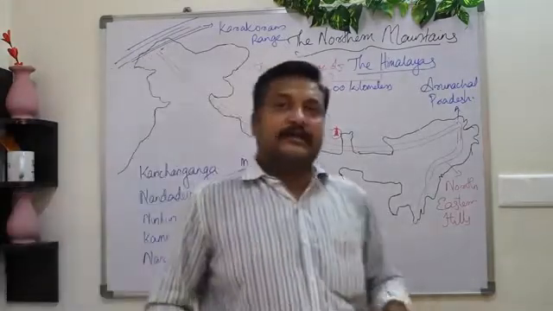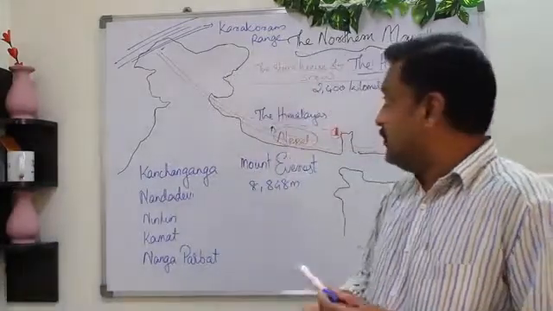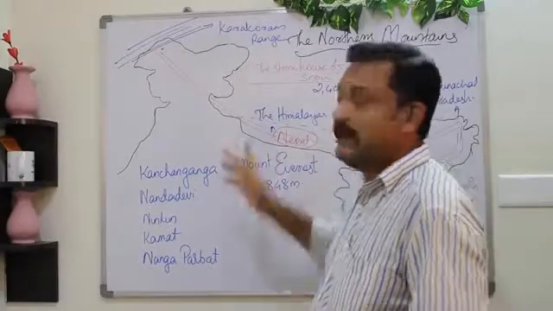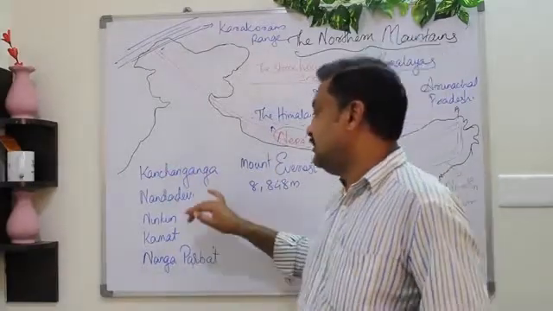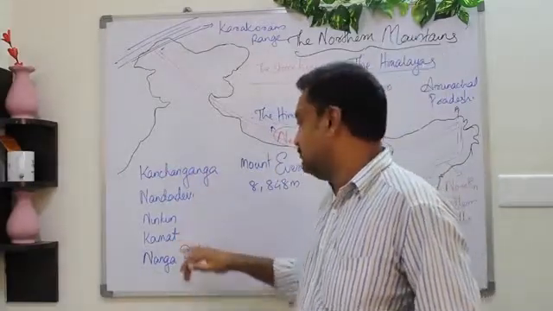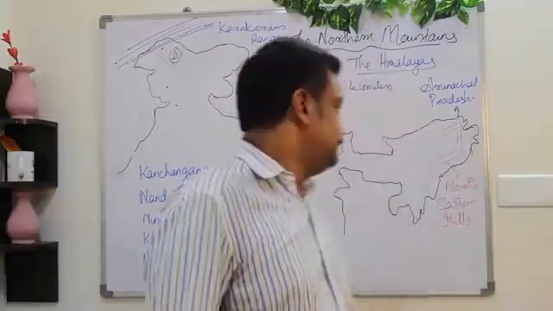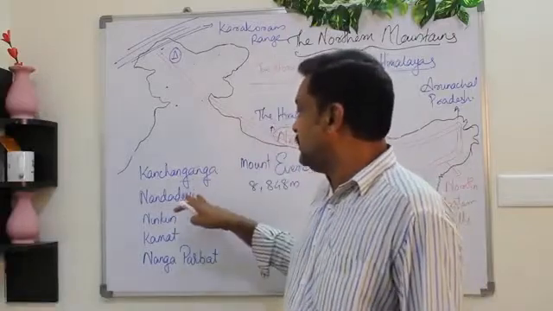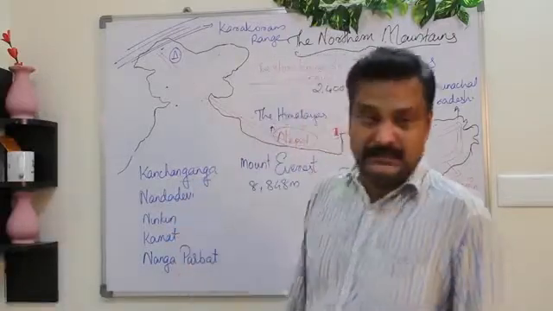So other high peaks in the range of Himalayas are Kanchenjunga, Nanda Devi, Nankan, Kamat, and Nanga Parvat.